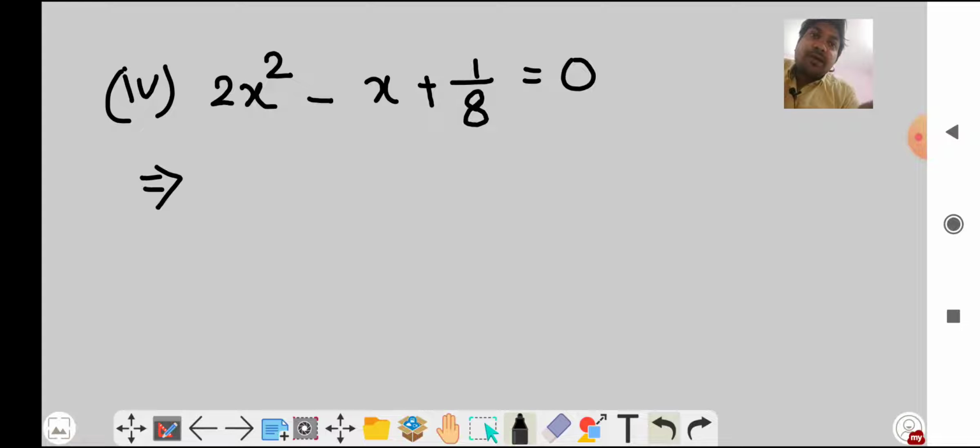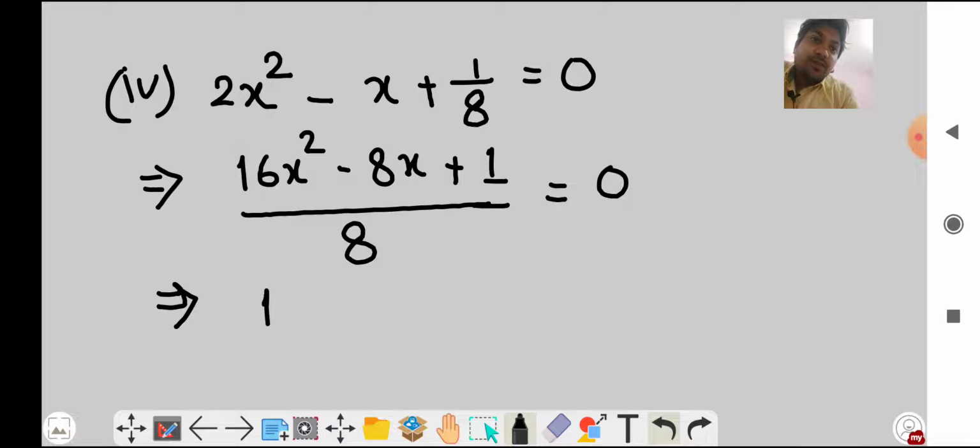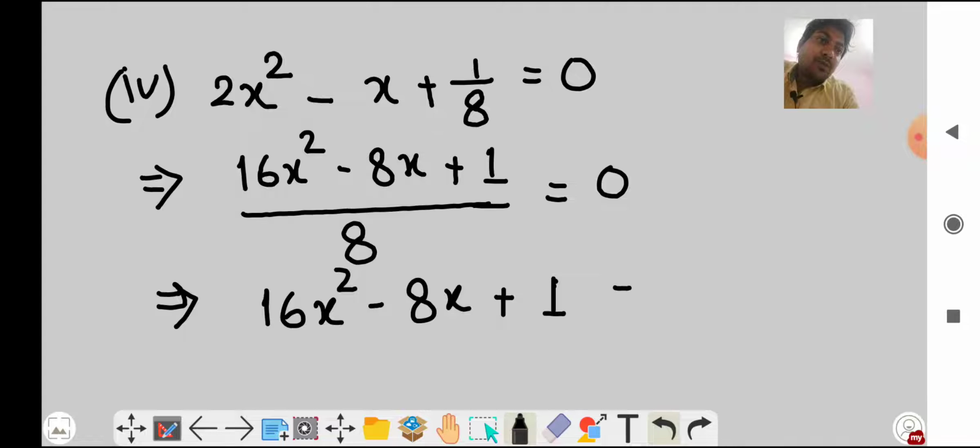Taking 8 as LCM, it will be 16x square minus 8x plus 1 equals to 0, or you can say 16x square, just cross multiply, minus 8x plus 1 equals to 0, right?